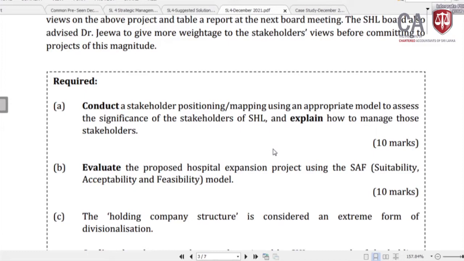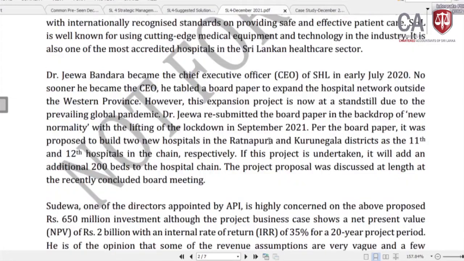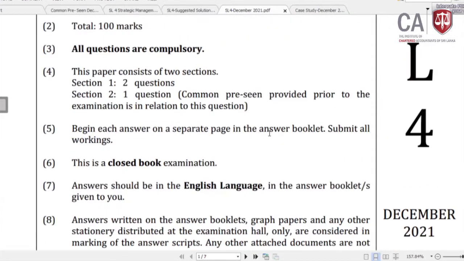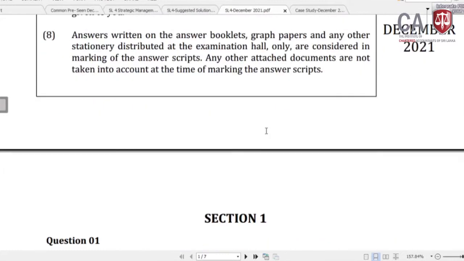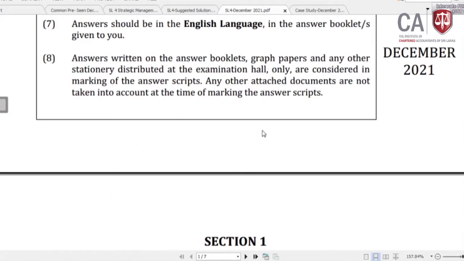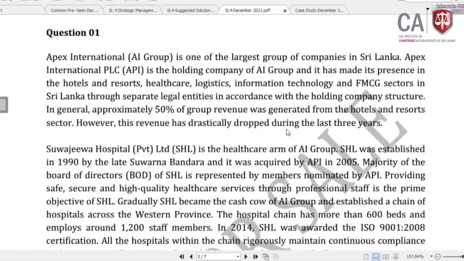Right. So, first of all, we will go through the scenario given and try to understand the questions given. With the paragraph number 1: Apex International is one of the largest groups of companies in Sri Lanka.